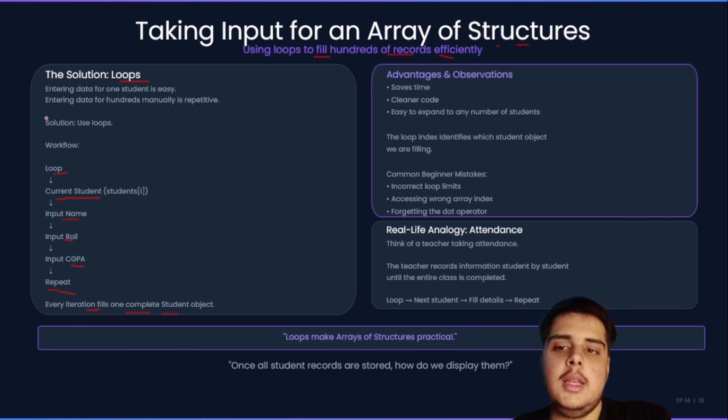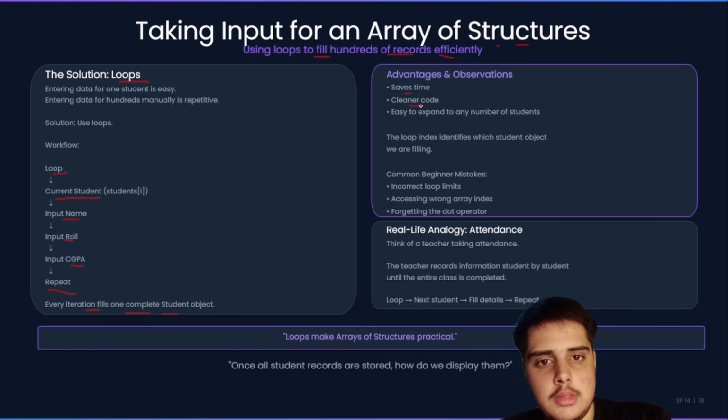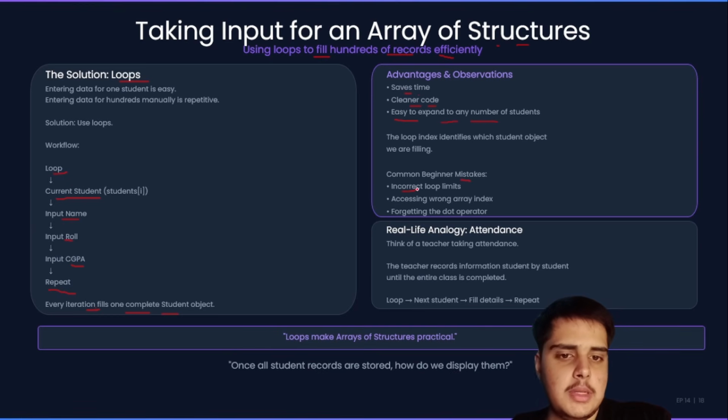I do the same work in the code. I hope you understood, because it saves time. It helps to make cleaner code, easy to expand to any number of students. But there are some common beginner mistakes like incorrect loop limits, accessing wrong array index, forgetting the dot operator. So loops make array of structures practical.